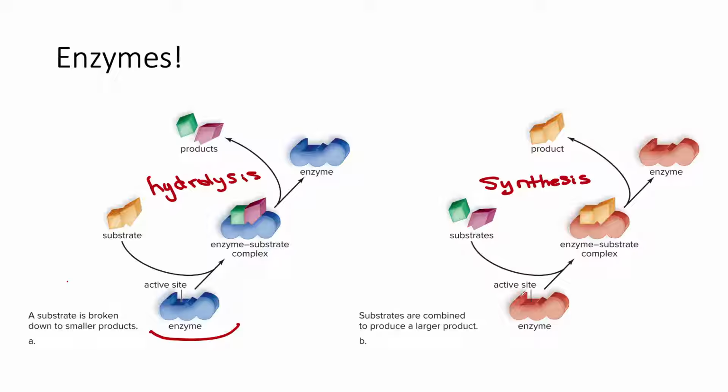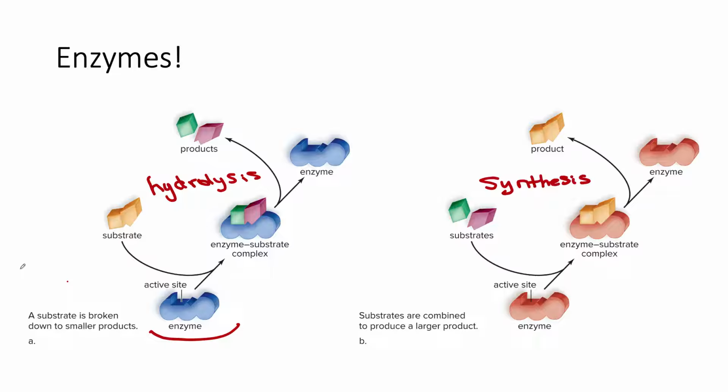They're going to bind to the active site of the enzyme. The enzyme's going to hold them together until the bonds can be made, and then it's going to release the product. The entire time, the enzyme doesn't change. So enzymes are very useful because they are going to be able to be used again and again and again.